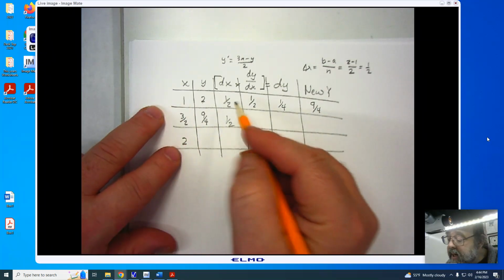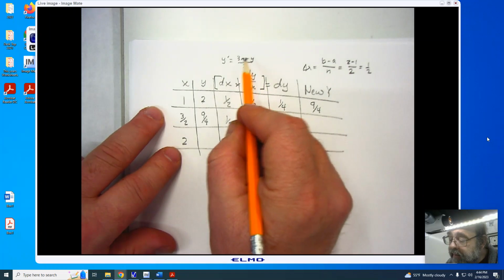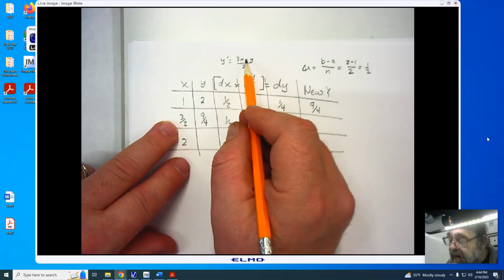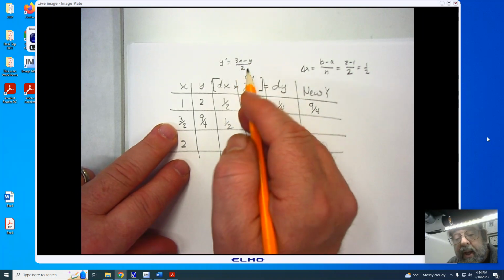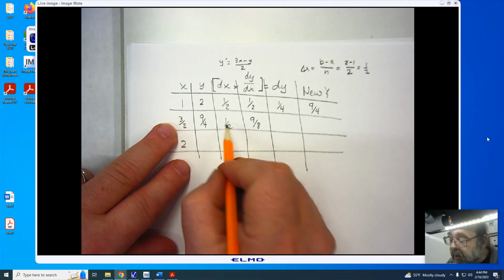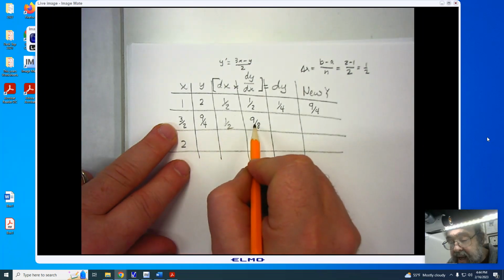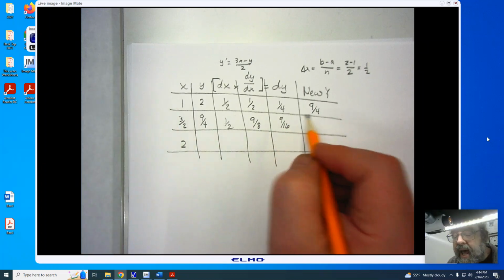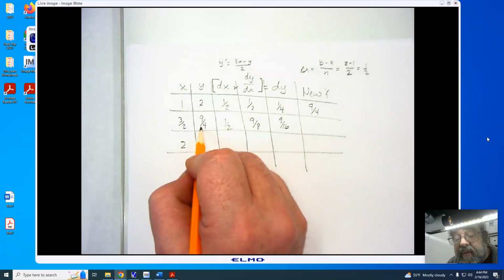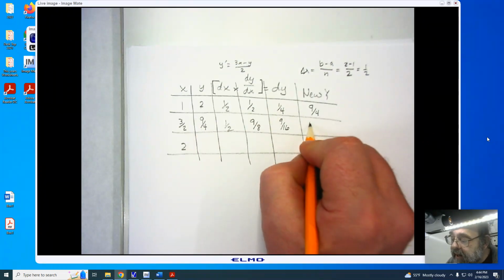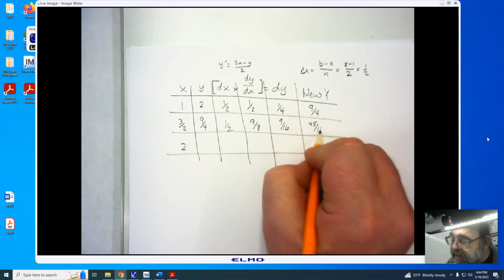I'm now going to put 9/4 in, and I'm looking at 9/2 minus 9/4 is 9/4, divided by 2 gives me 9/8. I now multiply 1/2 times 9/8. I get 9/16, and I add the 9/16 to the 9/4, which becomes 36/16, and I end up getting 45/16.